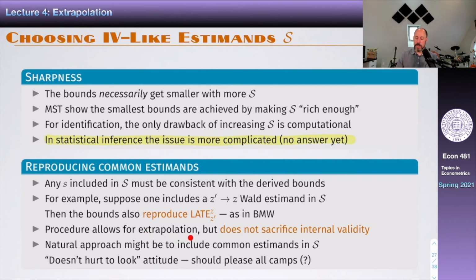But then, of course, the approach is going to allow us to do extrapolation because, as we said, some of these questions that we're going to ask are not going to be directly estimable. They're not going to be even point identified under the assumptions that we're discussing. So hopefully, the idea is that we're going to get the best of both worlds. And what I wrote here is that a natural approach might be to include common estimates in S with this kind of doesn't-hurt-to-look attitude.